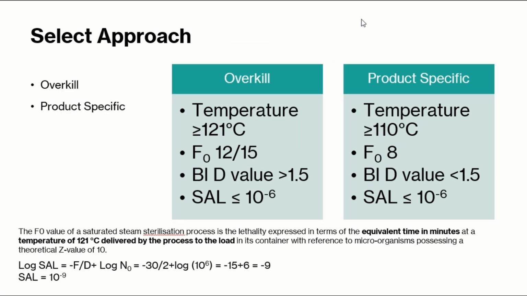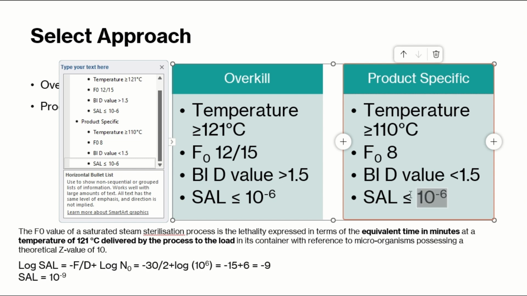F0 8, I must say, for the US, there is no specific requirement for the F0 stated in the guidance. They are looking more at the SAL calculations. So for them, you just need to define, based on your bioburden, how much lethality you provide, and how much SAL is calculated. If it is better than 10 to the minus 6, it's okay.